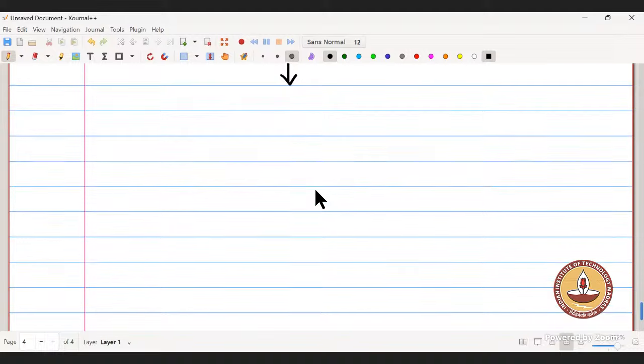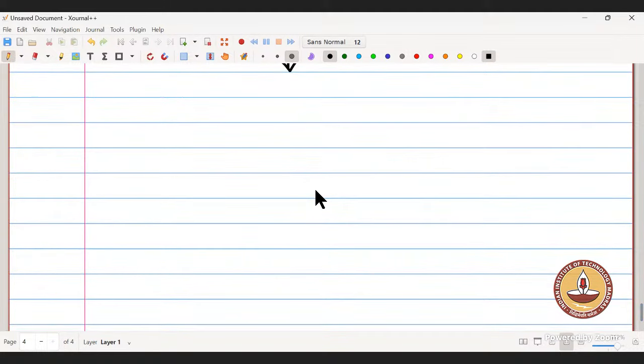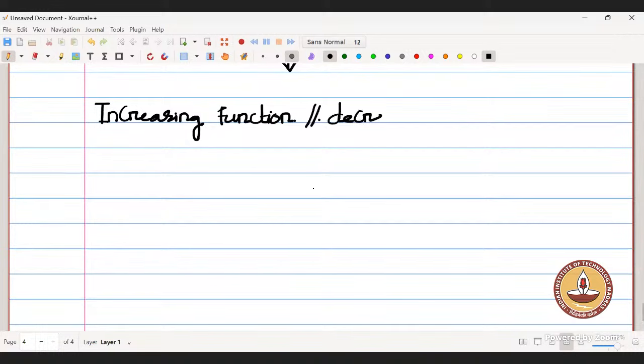So the next point is increasing function and decreasing function. Anyone?